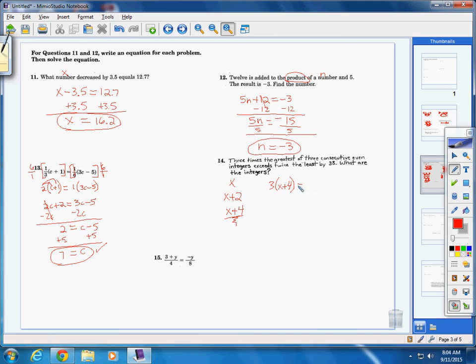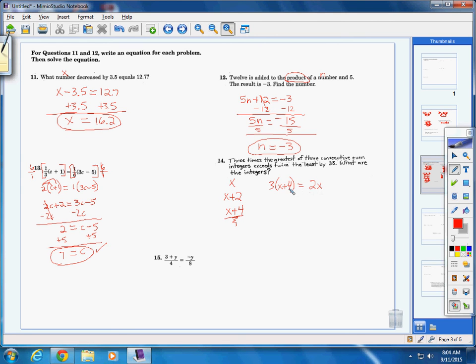So I'm going to go equal. And we say this guy, 3 times the greatest of the 3 integers, exceeds twice the smallest integer, so 2x, by 38.